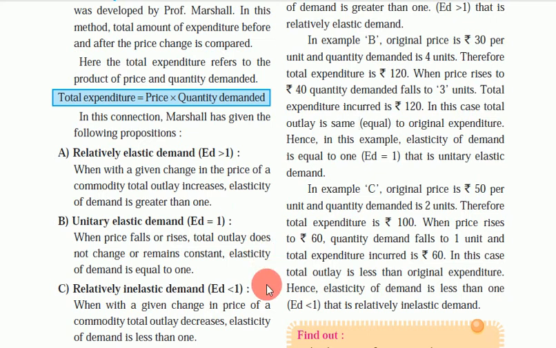When we get an answer less than 1, then it is called relatively inelastic demand. These were the most important propositions, and we have to completely understand these three topics.